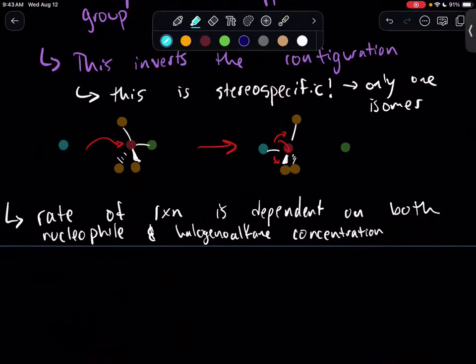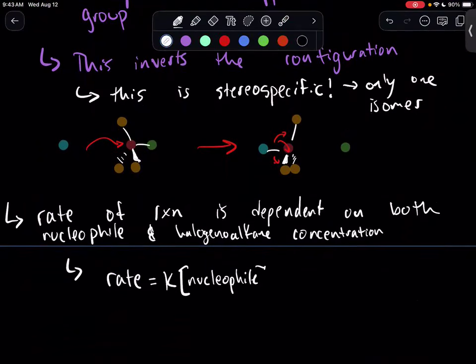The last thing for SN2 is if we were to make our rate equation based off what we know here, rate is going to be equal to k, and because it's dependent on both, the concentration of the nucleophile times the concentration of the halogenoalkane. Looking at this rate equation, we can determine that it is second order.